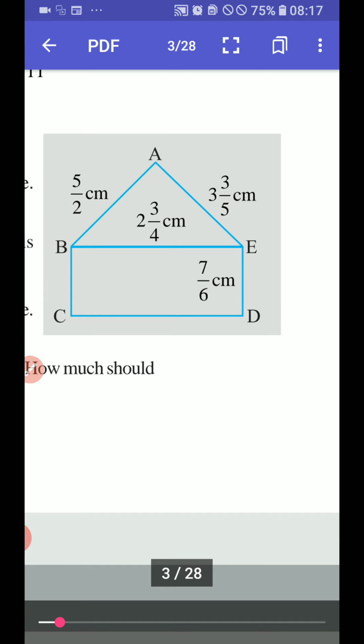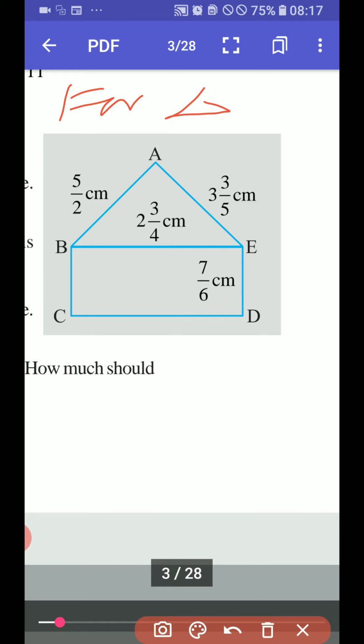For this, at first I will find the perimeter of the triangle, meaning the sum of all three sides of the triangle. For the triangle, you will add 5 by 2 centimeter plus 3 whole 3 by 5 centimeter plus 2 whole 3 by 4 centimeter.